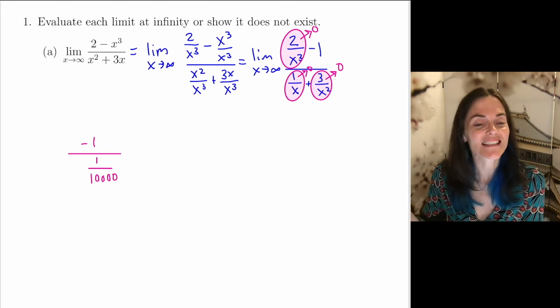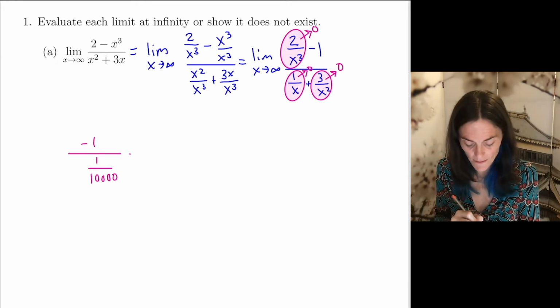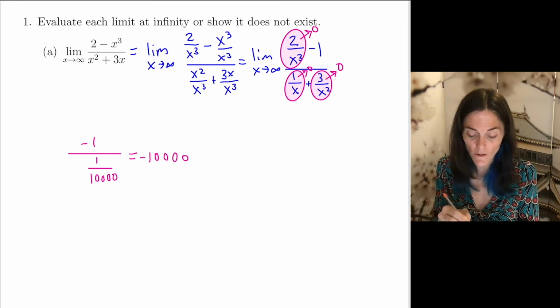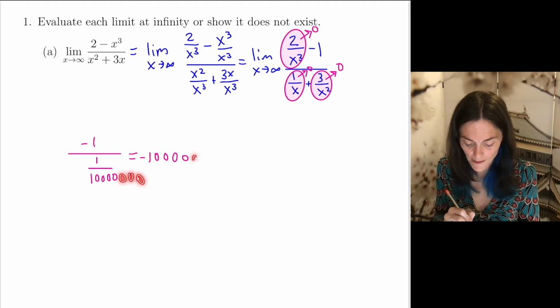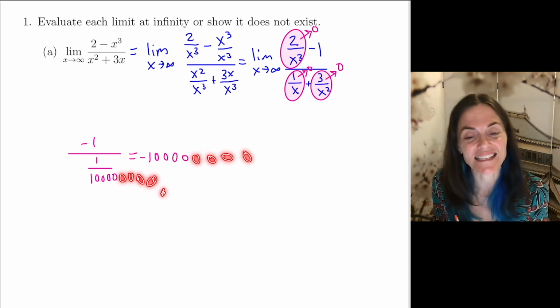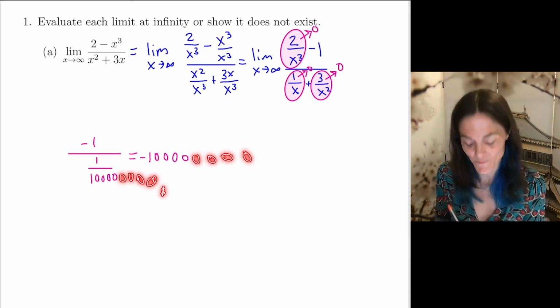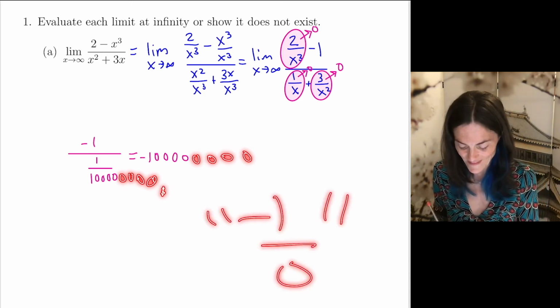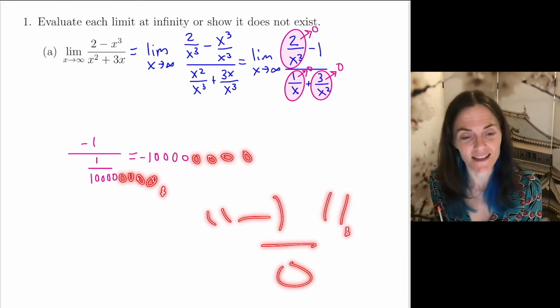Well, how would we address this? Just invert and multiply the denominator. This is minus 10,000. But now if you keep adding zeros here, you would keep adding zeros here, right, to match. And you can see exactly what this minus 1 over 0 represents. This is approaching negative infinity.